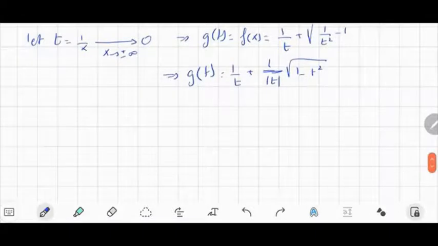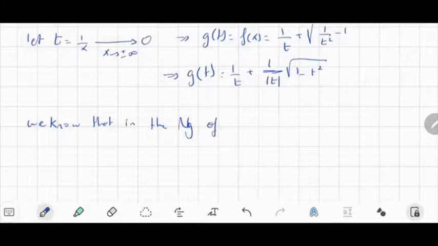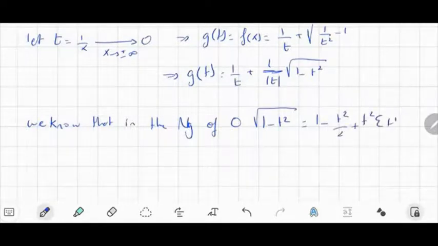So we know that in the neighborhood of 0, square root of 1 minus t squared is equal to 1 minus t squared over 2 plus t squared epsilon of t. A little bit later I will tell you why I stopped at the second order in here.